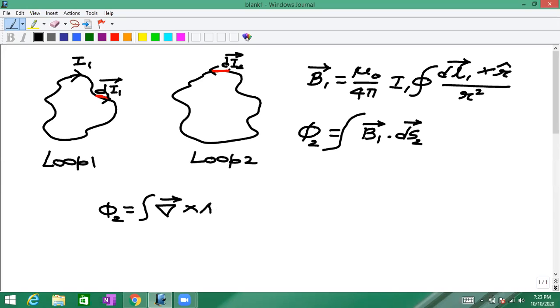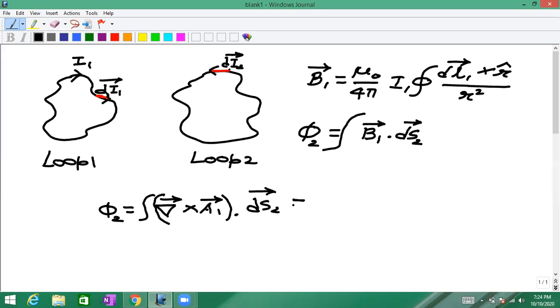B1 vector is curl of A1 vector. It is curl of A1 vector dot dS2 vector. Okay, so A2 vector potential terms of likhile enekwa hobo.